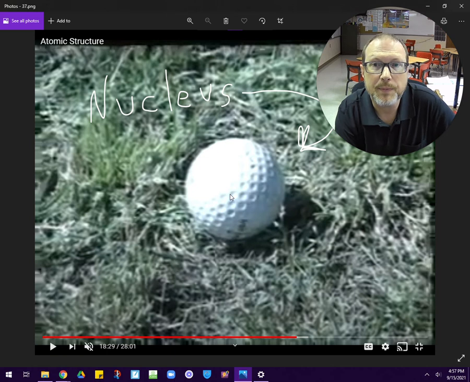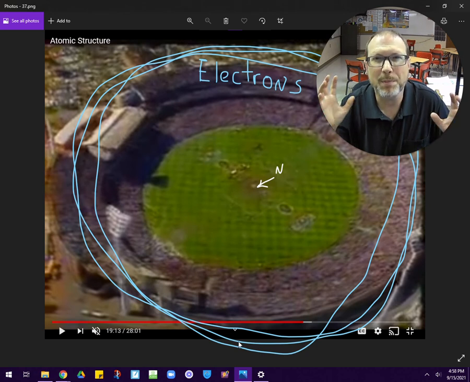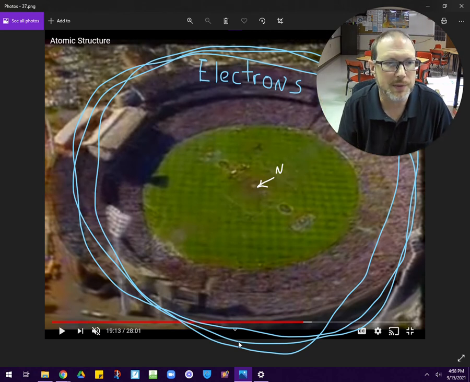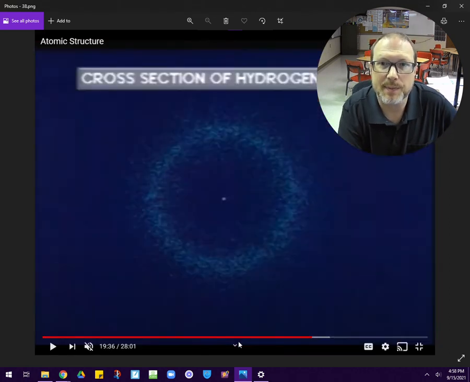Well, it turns out that if you had that golf ball in the center of the field, the electrons would actually stretch out beyond the stadium out into the parking lot. So these very tiny electrons are taking up a tremendous amount of space in these atoms. And so it turns out most of an atom is empty space.